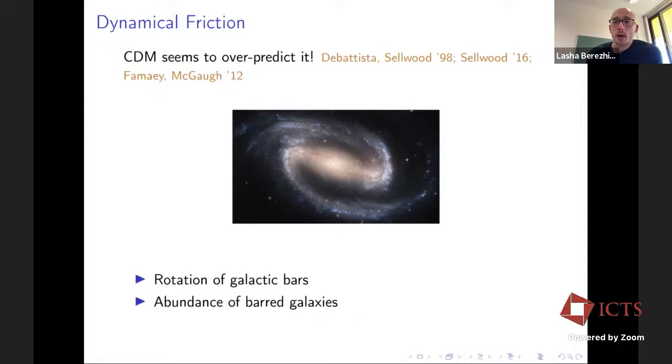If the density profile were given by the NFW profile for dark matter, then these globular clusters should be slowing down and sinking towards the center, which doesn't seem to be the case. So again, there seems to be some indication that it might be better to suppress the amount of dark matter near the core of halos.